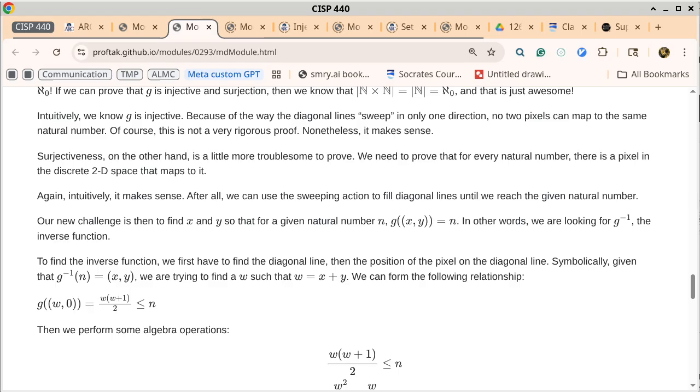So what we are trying to do is to figure out the inverse function, which is g inverse. The way this works is you give it a single natural number, let's say n, and it has to return a coordinate of x, y, and x has to be a natural number, y has to be a natural number.